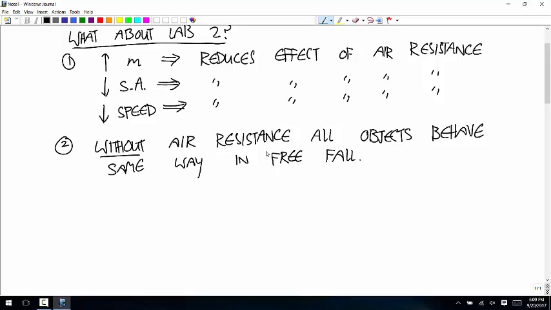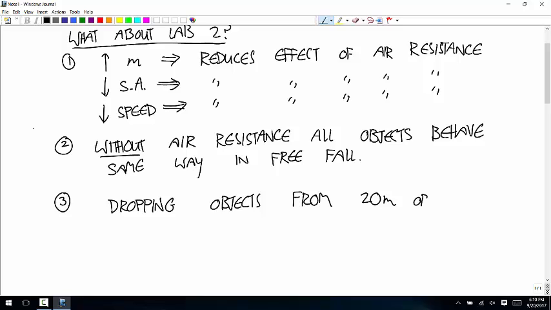And the last thing, okay, is dropping objects from, well, we did 20 meters or less.